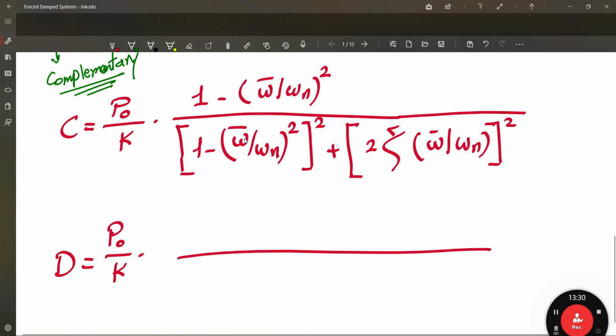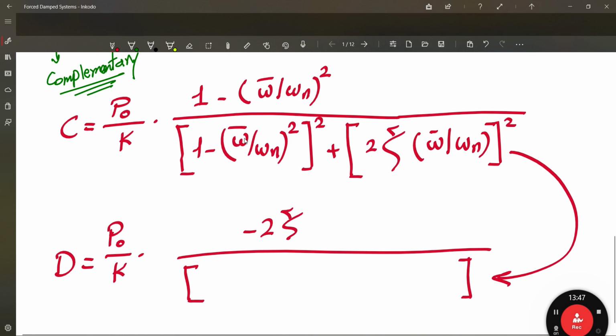I think it is exactly the same. The same denominator is going to be used. However, the numerator is going to be a little bit changed: minus 2 psi omega bar over omega n. Okay, so this is what we are going to have here.